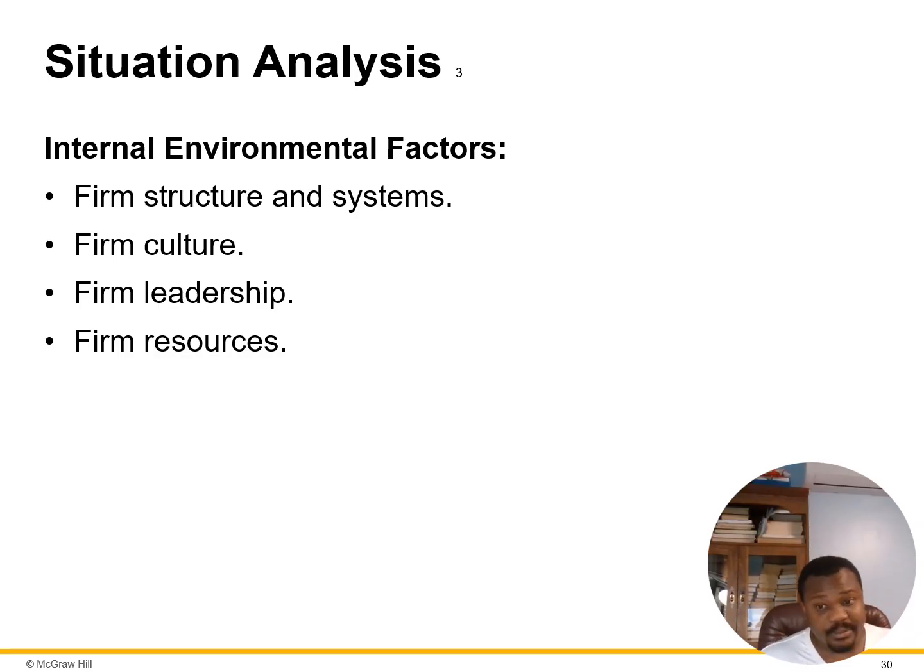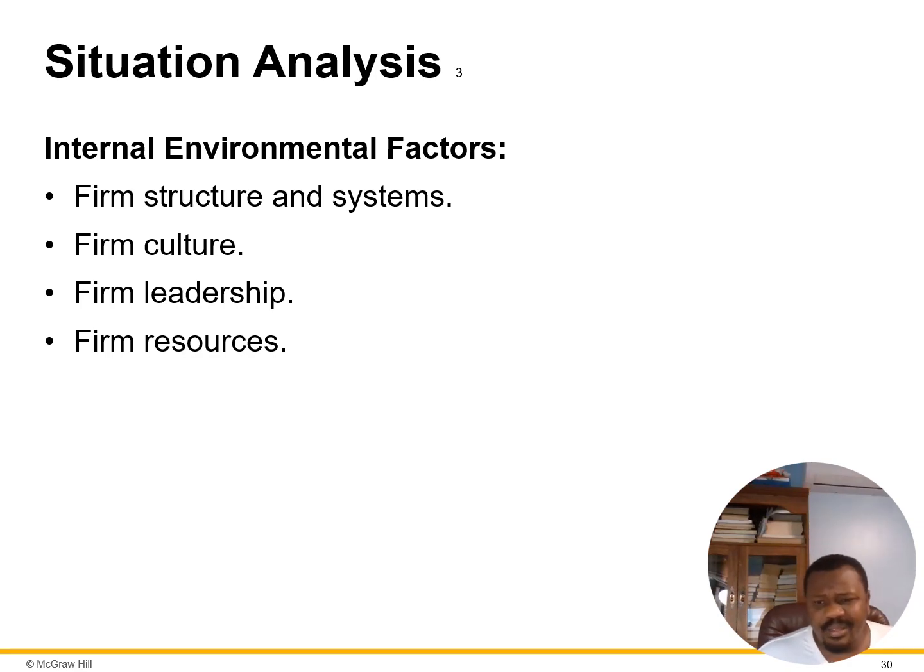And we look at these things. So in situation analysis, we say internal environmental factors. We say the firm structure and systems, the firm culture, what organization culture exists in the firm, what leadership exists in the firm, what resources are available, and what resources the firm depends on in terms of inbound logistics and outbound logistics, procurement, and human resource.